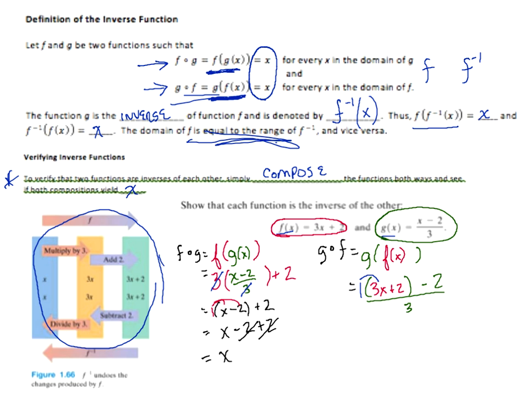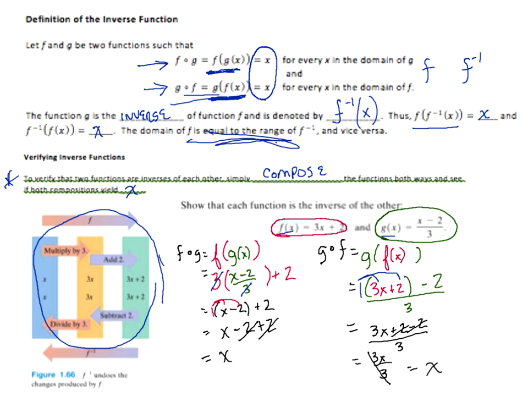Once again, to point out, there's an understood positive 1 that gets distributed over the terms inside those sets of parentheses. So 3x plus 2 minus 2 over 3. So positive 2 and negative 2 are opposites, and I'm left with 3x divided by 3. 3 divided by 3 is 1, and I'm left with x.